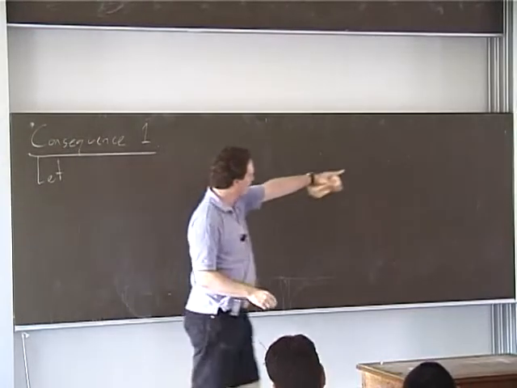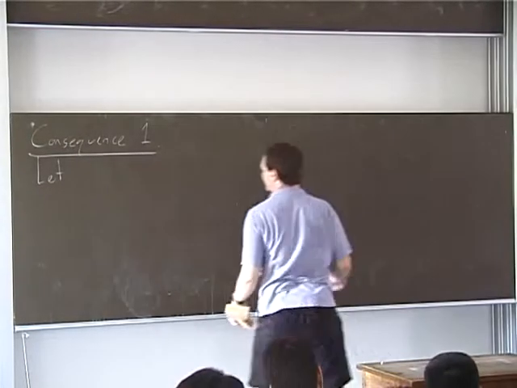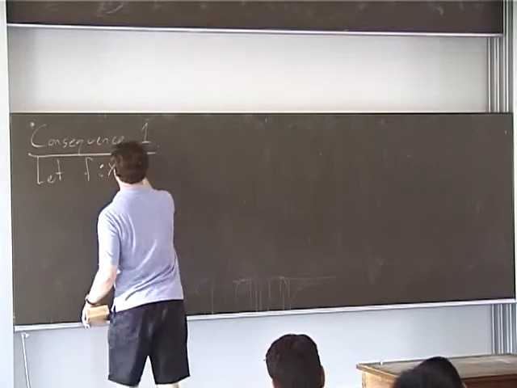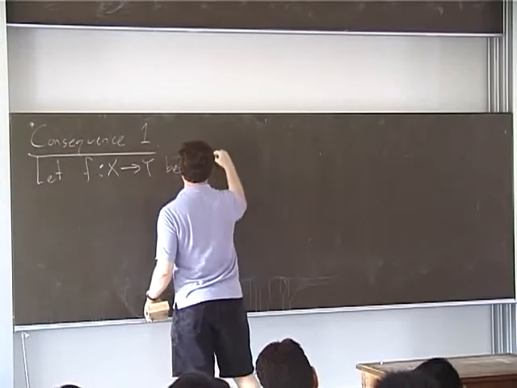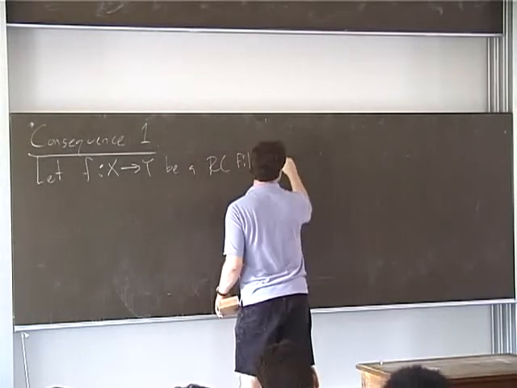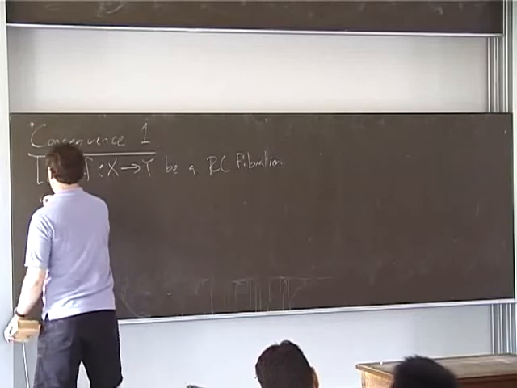It's that same setup. We have a fibration over a curve. Let f from x to y be a rationally connected fibration over a curve, just one of the morphisms satisfying that hypothesis.